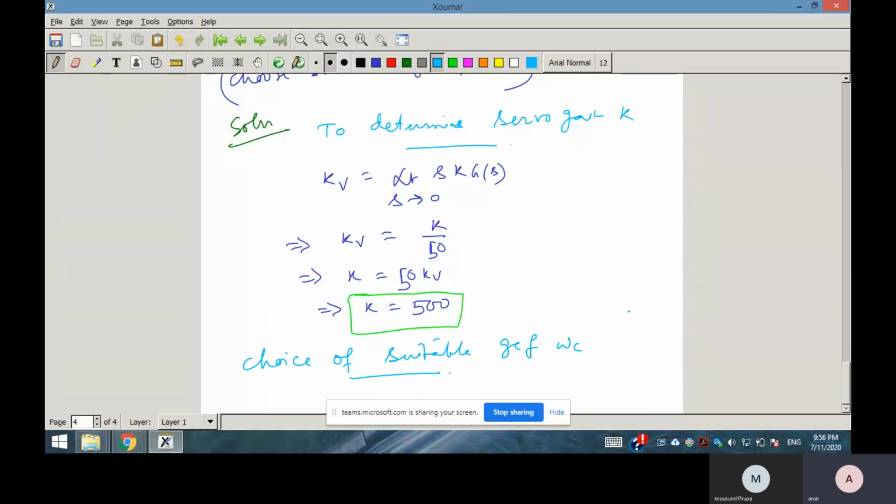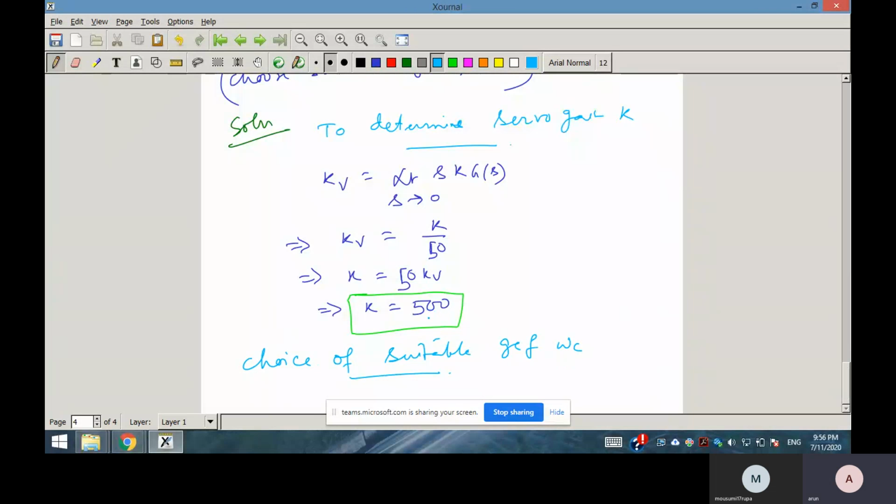Here, this is a practical kind of design. Normally in an exam the gain cross frequency will be given, but still this system is interesting from a practical aspect. So if the gain cross frequency is not given, then what will you do?